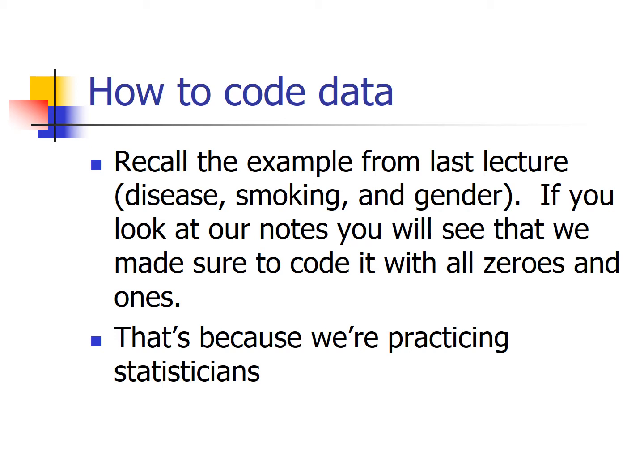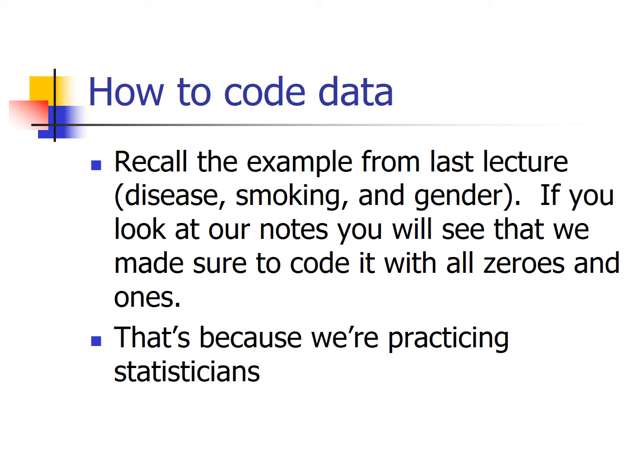Now, to round out the rest of this week, I want to talk about this idea of coding our data. So remember from the example last week, and a few slides ago too, you do have to look back to last week's notes to see where I inputted the data set.